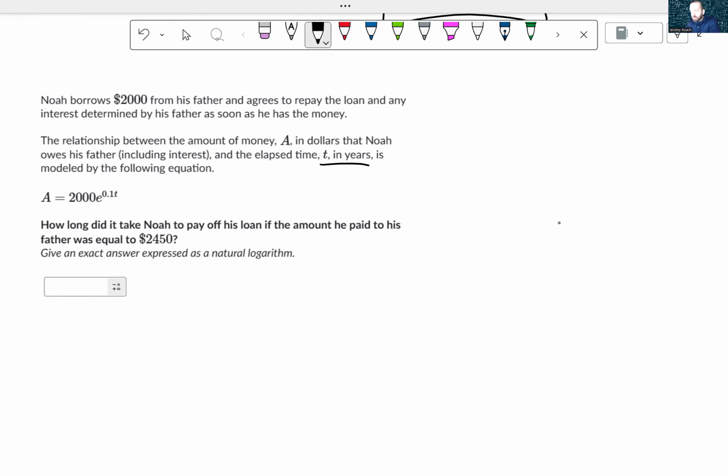So the 2,450 is what A is. That's the total amount that he paid. So we're going to write 2,450 is equal to 2,000 e to the 0.1t.